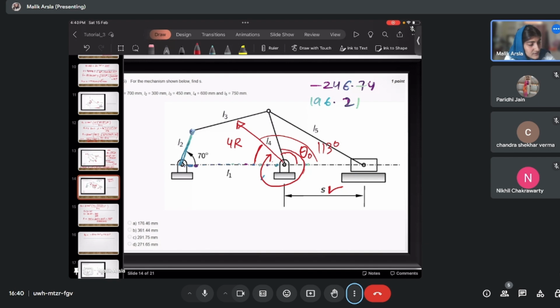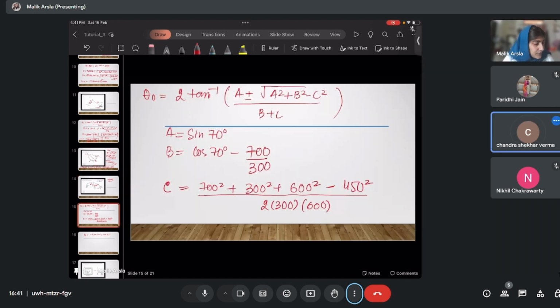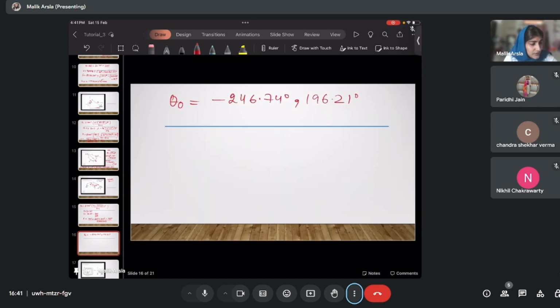This angle is 246 degrees. So this can be possible, because in this case the link is not crossing this fixed plane. So that is why we select this angle and we discard the other angle. Okay, understood? Any confusion in this? No, ma'am. Understood. Okay. So you will consider this angle.